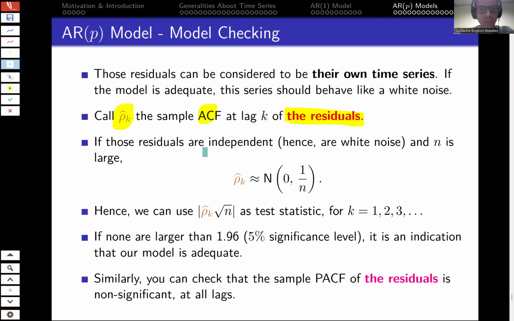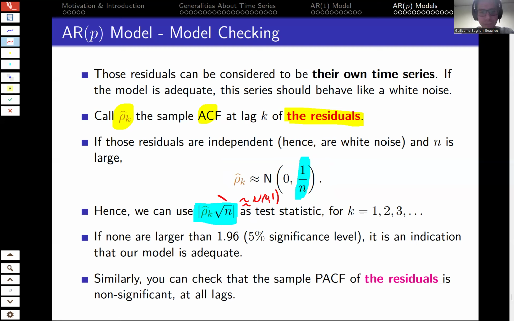If those residuals are independent, hence our white noise, and n is large, we have the result, same as before actually. The sample autocorrelations of the residuals are normally distributed, they have a mean of 0, and they have a convenient variance of 1 over n, which is then used to judge significance, using this as a test statistic. This would then be standard normal.